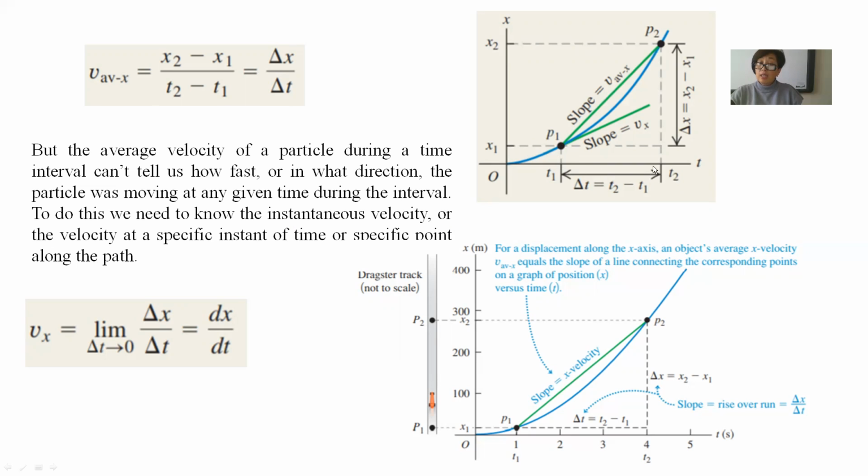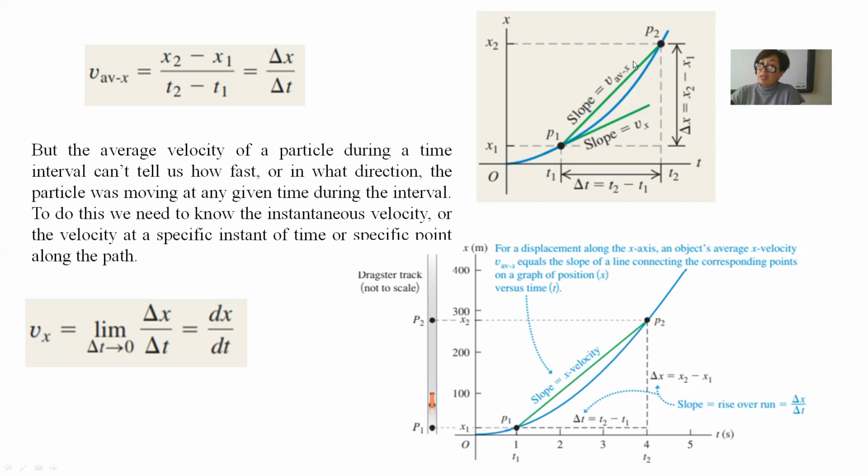This region is the change in time, the second time minus the first time. This is the change in coordinates along x, because the car moved in the x direction, and delta x equals the second coordinate minus the first x coordinate.